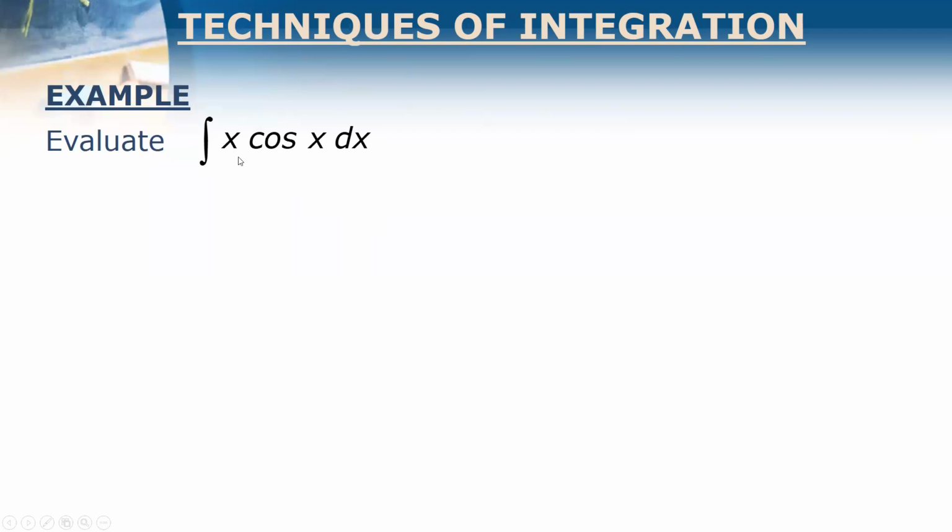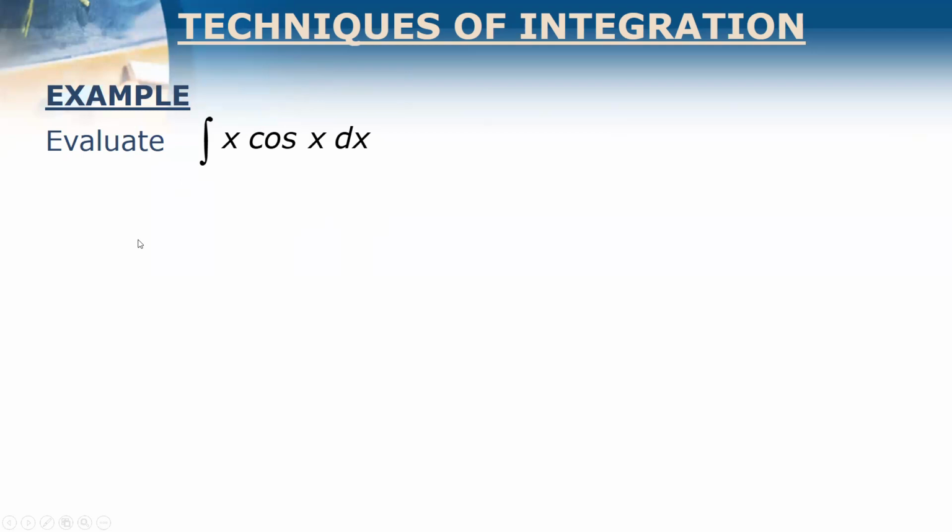Or, if you let x be u, the derivative is algebraic, and we cannot make use of cosine x. Therefore, we'll have to use integration by parts.